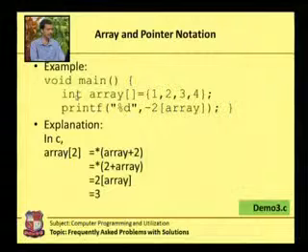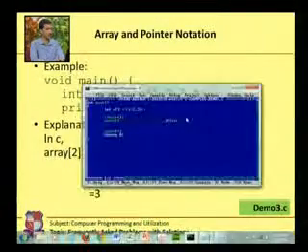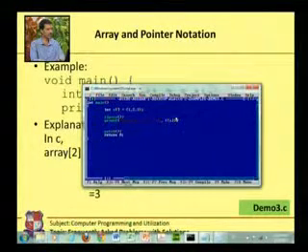Here it is integer, so it's going to add 4 addresses. But we can also write *(2 + array), and star remains as it is. And finally, if I write 2[array], it can give 3 in this example, but in our code example, this can give 2.